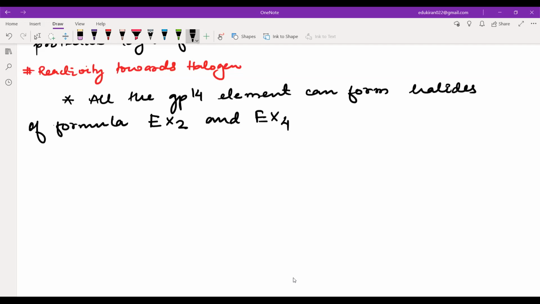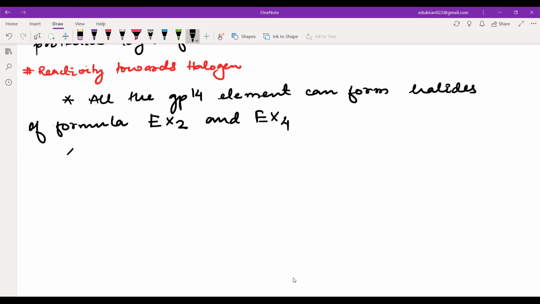Hence they can form EX2, where E means any group 14 element with two halogens attached to it. Similarly, EX4, where X is any of the halogens.